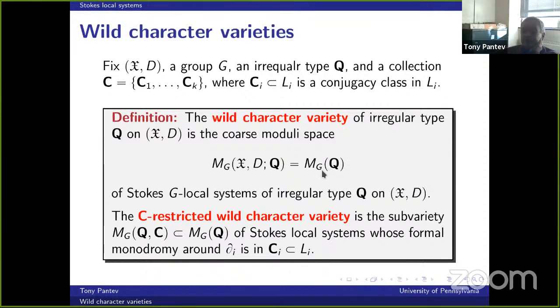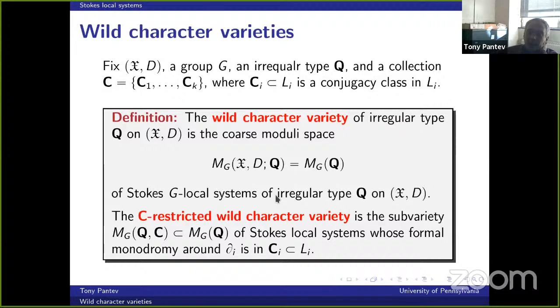It's a space of matrices which are either in G or in Li or in those unipotent subgroups. And they have to satisfy a representation condition that some product of commutators and product of matrices is equal to 1, as before. And there is a restricted version of that, the C-restricted version, which is that the Stokes local systems have formal monodromy around each circle in that conjugacy class.